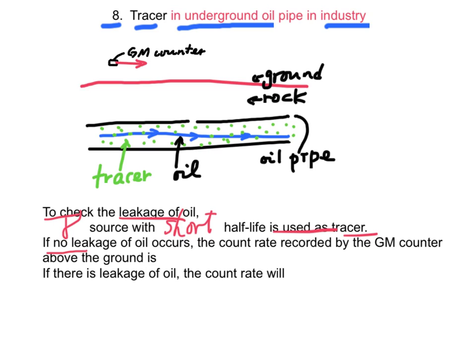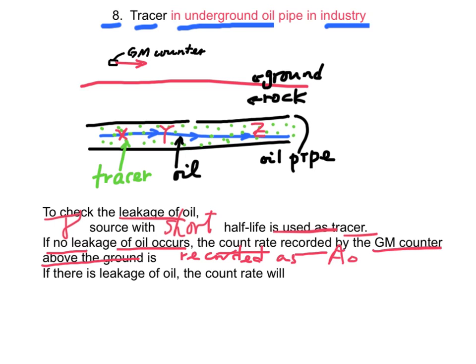If no leakage of oil occurs, such as at position X, Y, Z, the count rate recorded by the GM counter above the ground, which is traveling along the road as shown in the diagram, is recorded as A0.